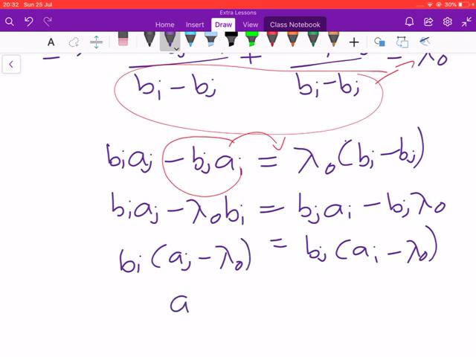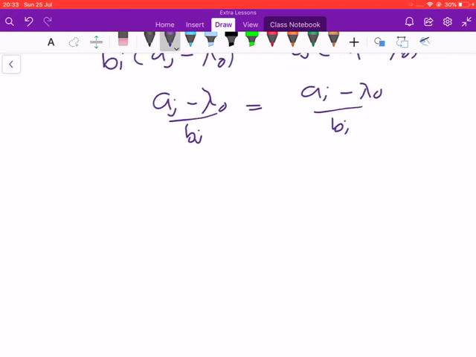So you will have AJ minus lambda 0 over BJ equals AI minus lambda 0 over BI, right? So you can just let C equal this thing, this price of risk. I don't know what to call it, but let's just call it a constant C.